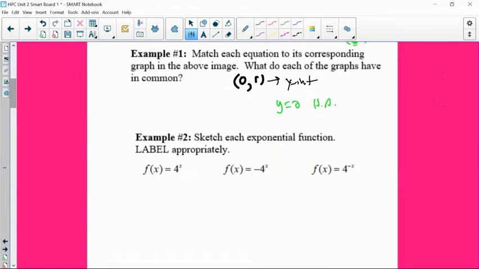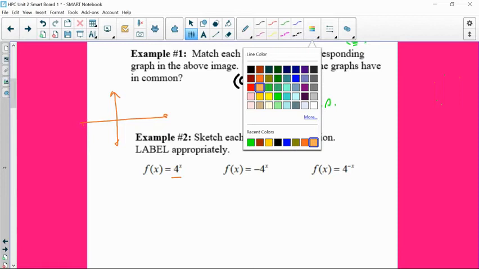Now, whether it's 2 to the x or 10 to the x or 4 to the x, like this example, or even e to the x, which we've seen before, the general shape of your exponential graph is this. Let me go yellow there.